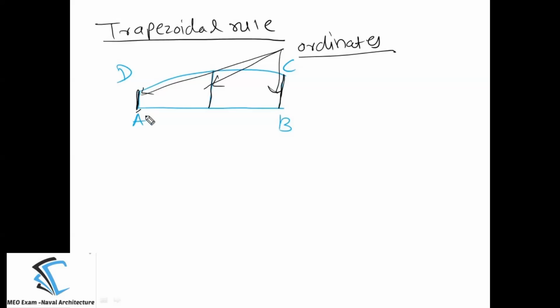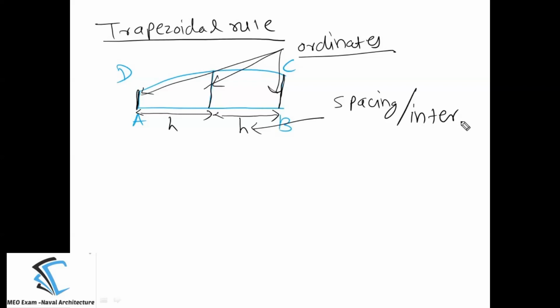Then the ordinate is not sufficient to calculate the area. The spacing between each consecutive ordinate should also be given. That I am calling H. The spacing between each consecutive ordinates is called H, and in naval architecture we will call the spacing the interval.